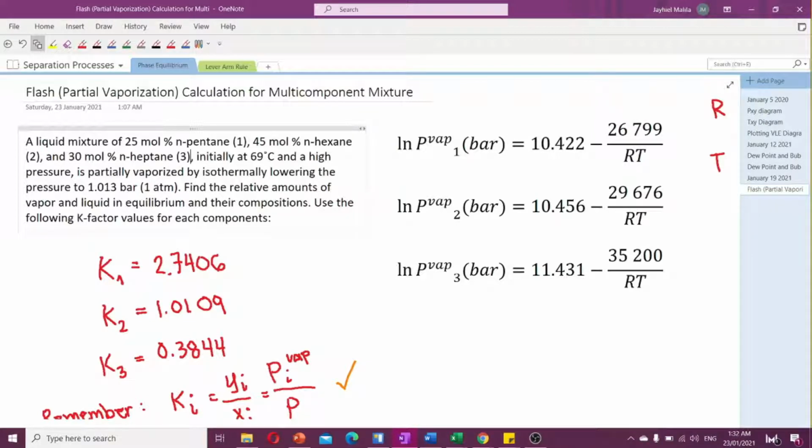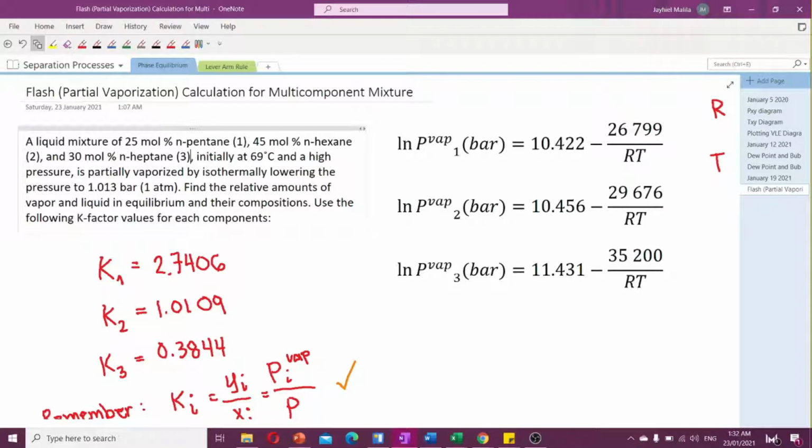To perform the partial vaporization, we need to lower the pressure inside the flash drum in order to form the vapor phase. And this kind of flash distillation process is isothermal. So the temperature of 69 degrees Celsius is maintained inside the flash drum, and the pressure inside the flash drum is around 1.013 bar or 1 atm.